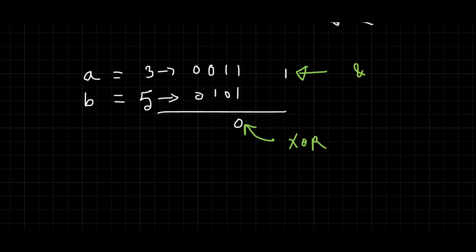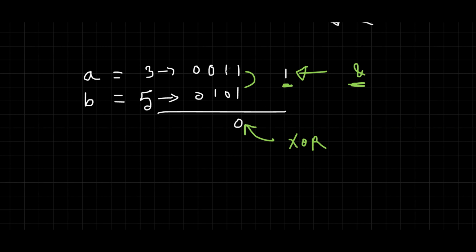Did you understand it? Of course you do, because for 1 and 1, the output will be 0. That means it is an XOR operation, because we know that in the XOR, if both of the bits are equal, the output will be 0. And here, 1 will be the corresponding carry. We know in the bitwise AND operation, if both values are 1, their bitwise AND is 1. So here, the carry will be 1. Okay, so far so good.